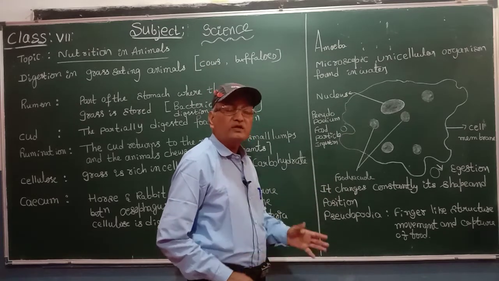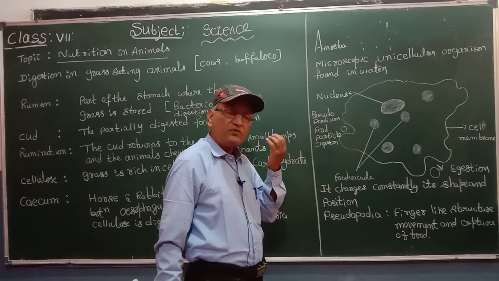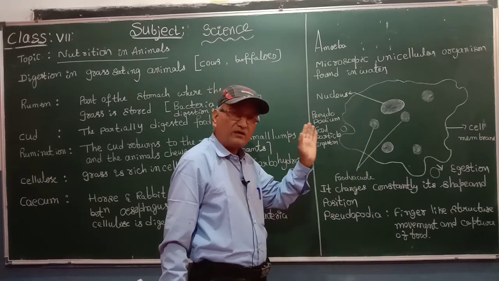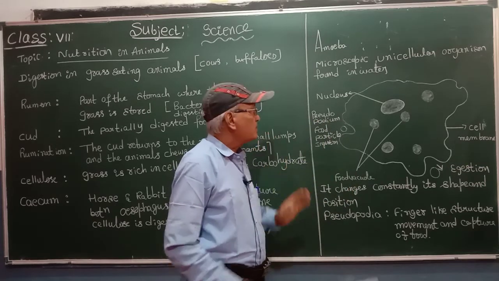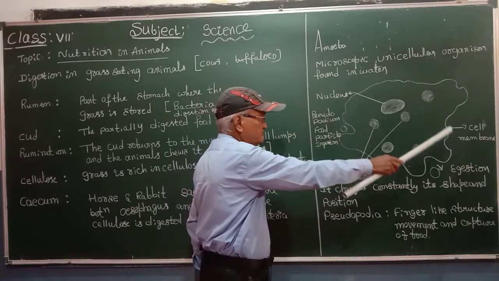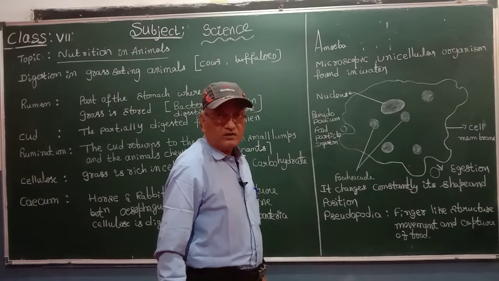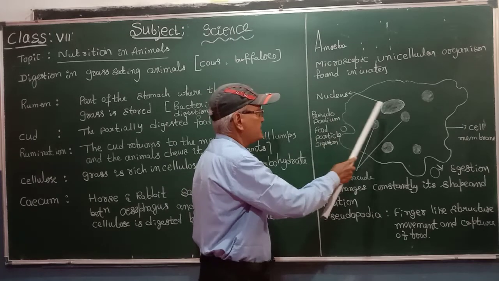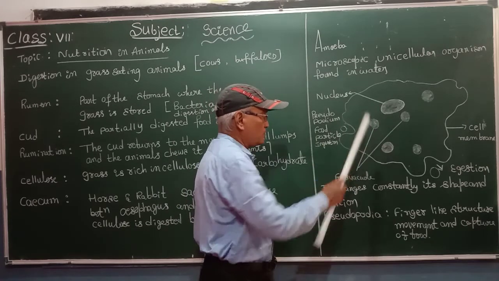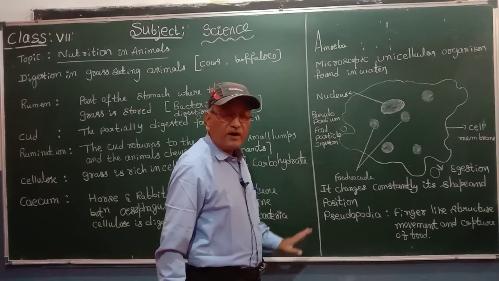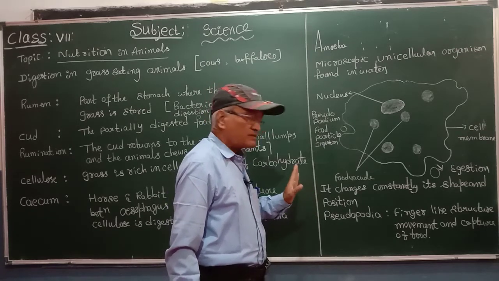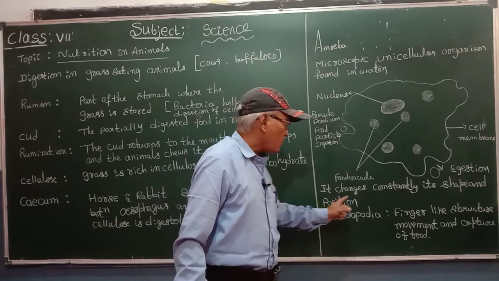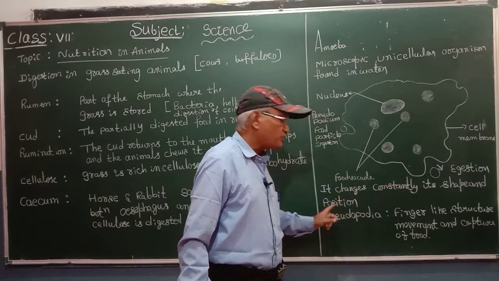In that also, how it feeds, how it digests, everything is the same as we are studying, but it is not visible. Now in this amoeba, unicellular, single celled, it has a nucleus. It is a broad, wider nucleus. Amoeba does not have one fixed shape, it changes constantly its shape and position.